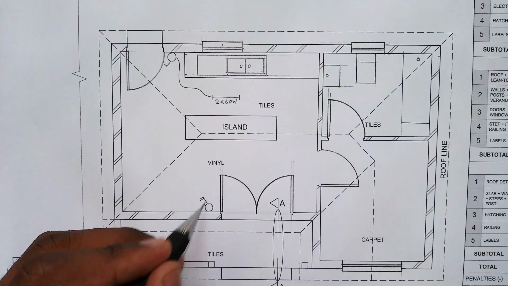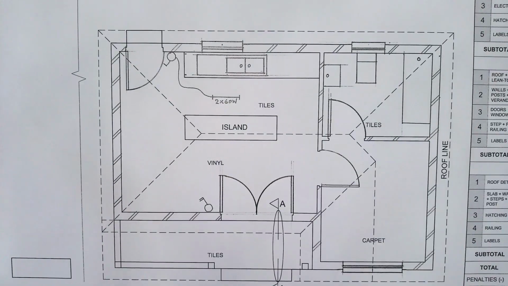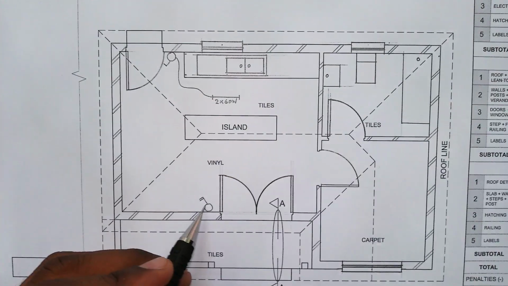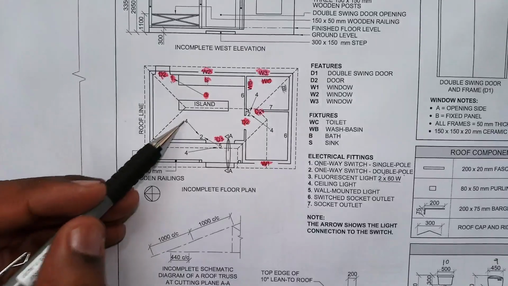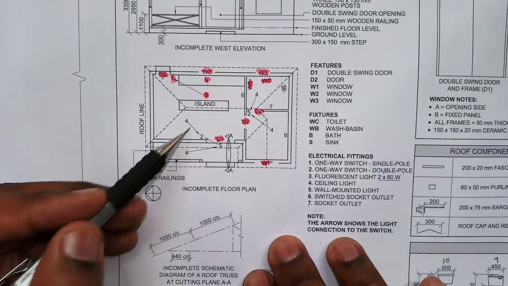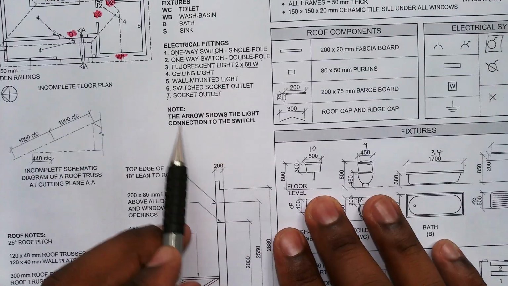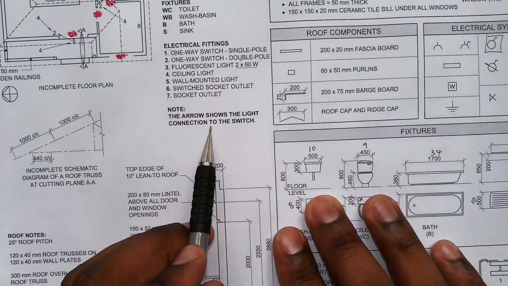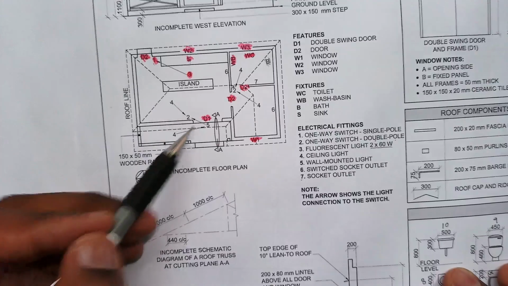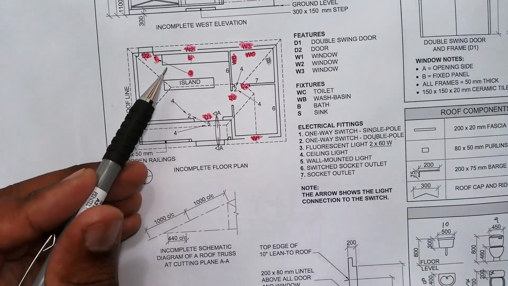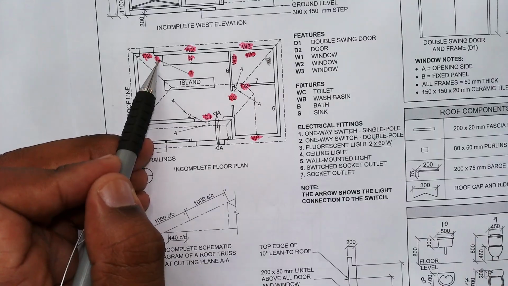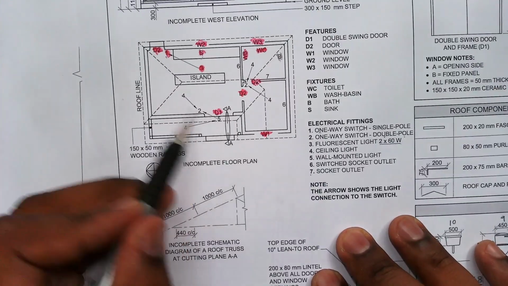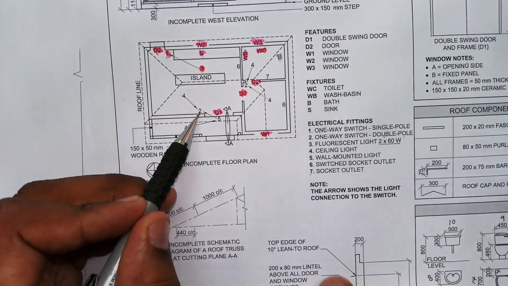So it means there are 2 light switches. Then this switch is connected to number 4 and number 5, as you can see from the arrows there. Note that the arrow shows the light connection to the switch. So the arrows show that the light is connected to that switch. So number 5 and 4 are connected to number 2.